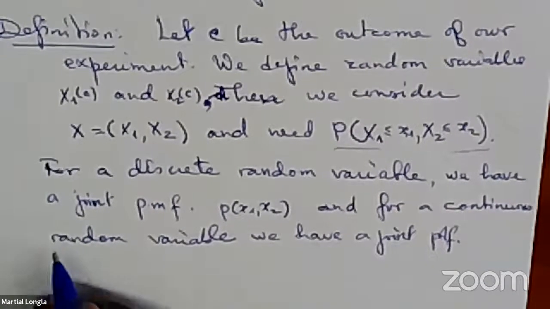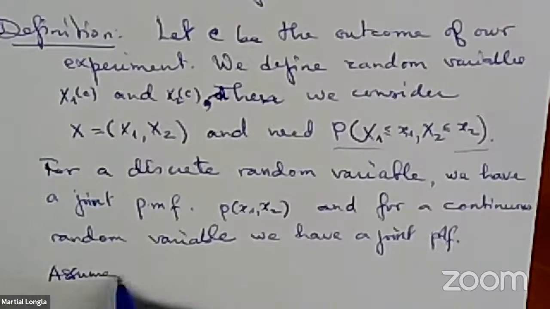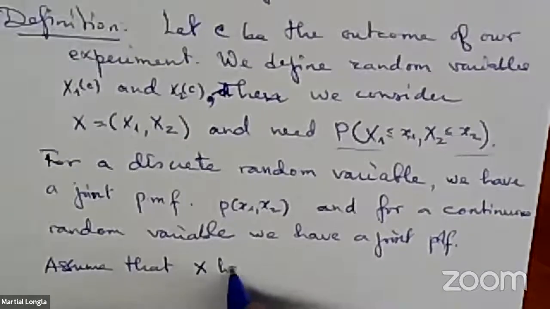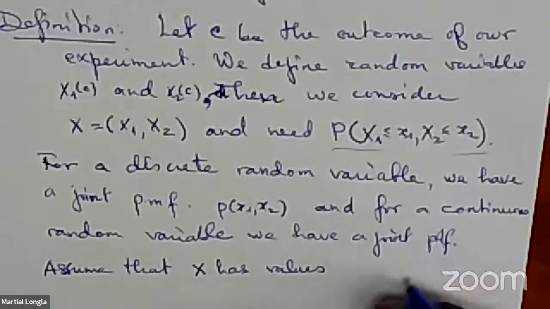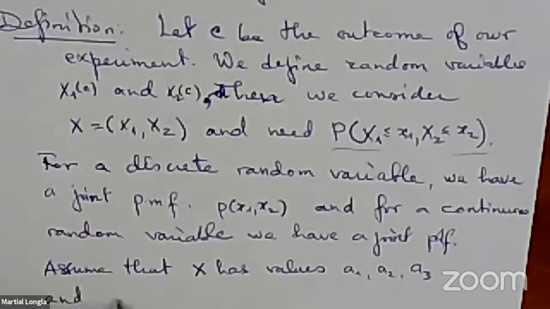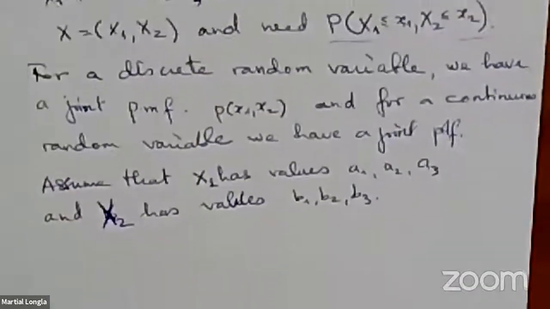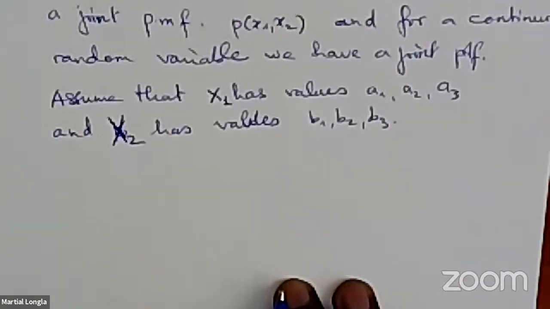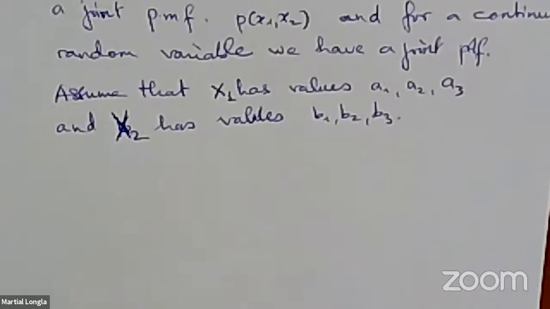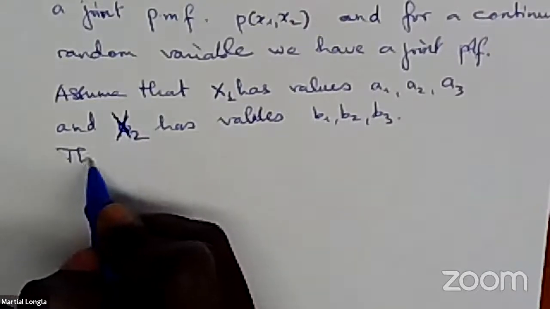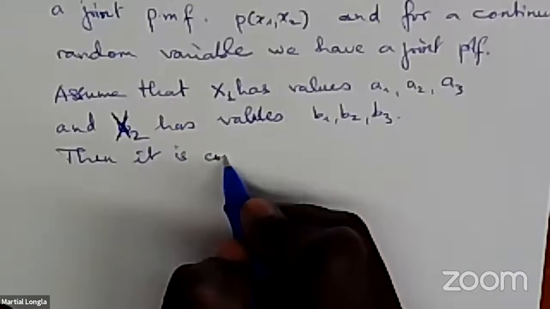Let's say we do have, if we assume that X1 has values A1, A2, A3, and X2 has values B1, B2, B3, then it is convenient, this is for a discrete, right?